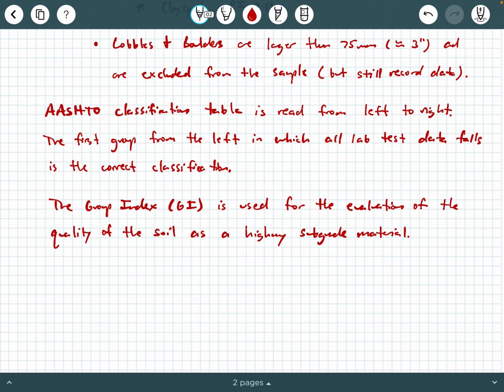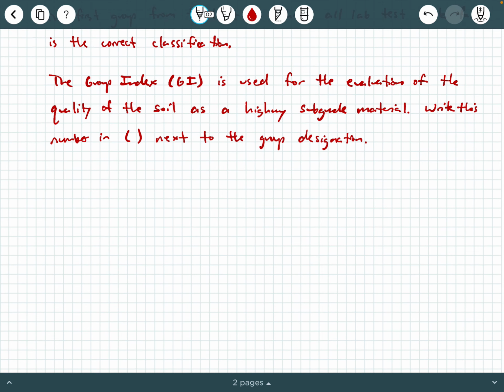And so what we do is we write this number in parentheses next to the group designation.